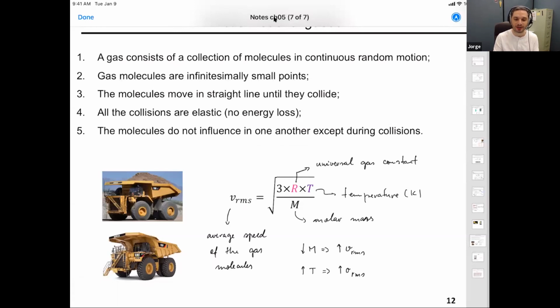Therefore, they are directly proportional. Okay, so we are not going to calculate here the average speed for any gas, but we have to understand the effect of the molar mass and temperature on the average speed of the gas molecules.